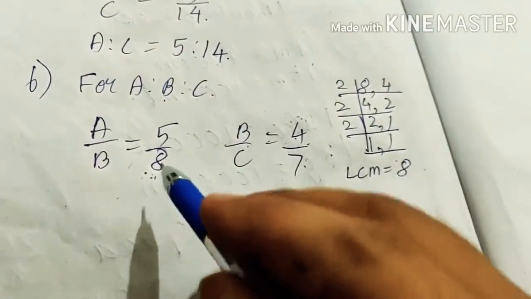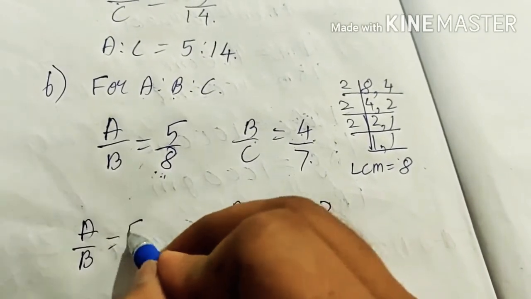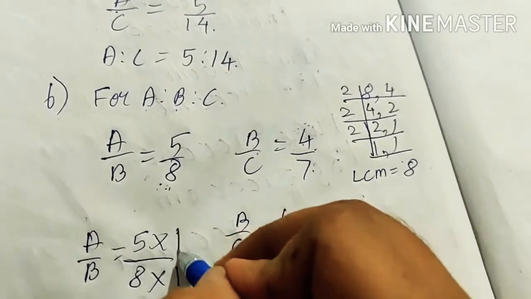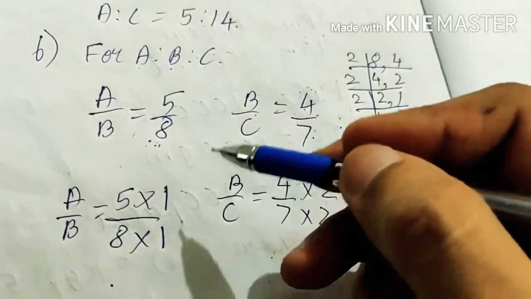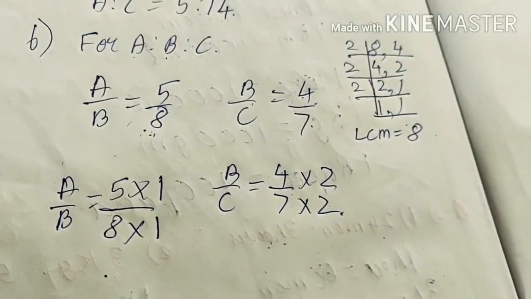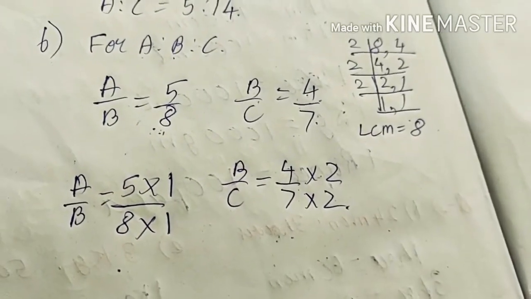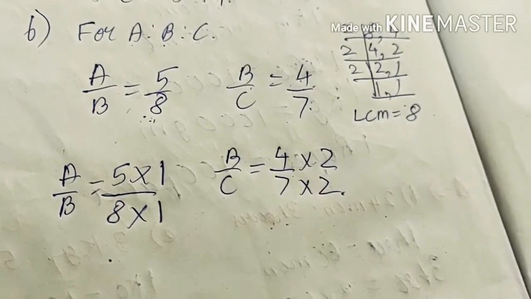Converting this B into 8 is 5 into 1 upon 8 into 1. Why are we multiplying on both sides? Because in a ratio the value cannot change. The ratio's value should not change. It is the same as an equivalent fraction, as I have told in the earlier video.